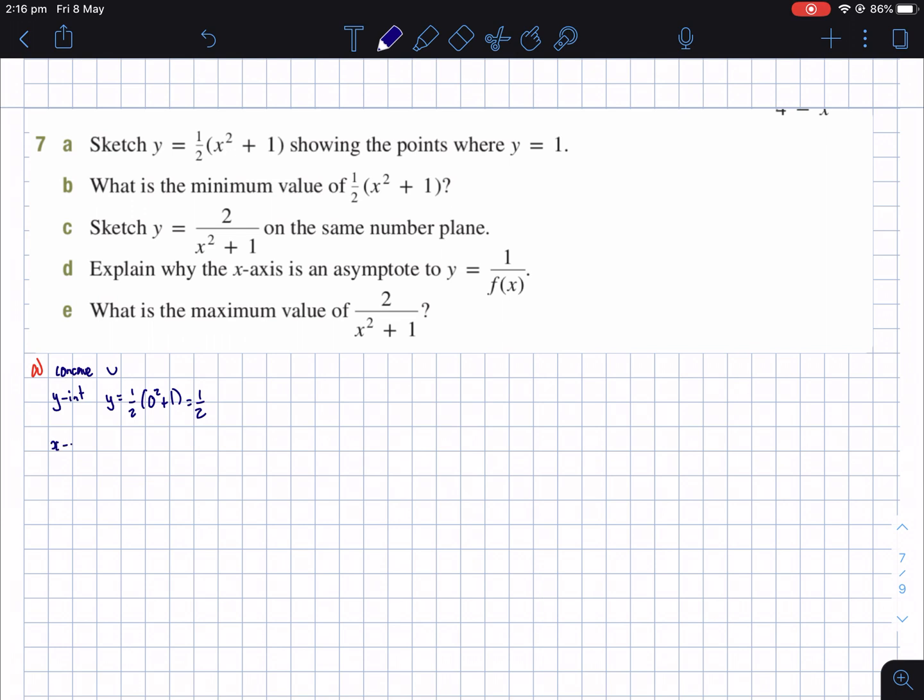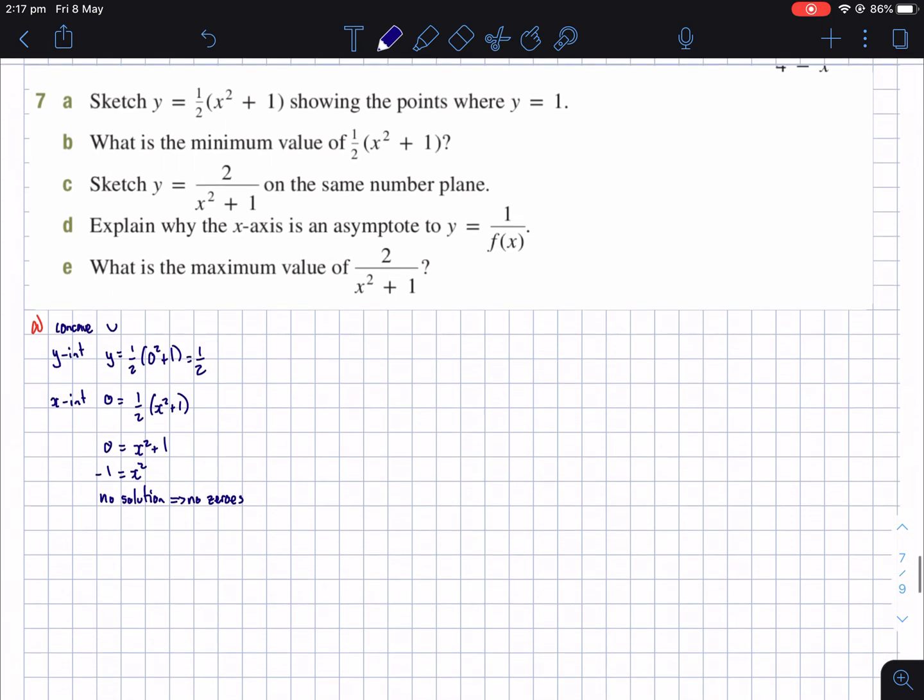The x-intercept: y equals 0, so 0 equals a half x squared plus 1, times both sides by 2, I get 0 equals x squared plus 1. So negative 1 equals x squared, no solution, no zeros.